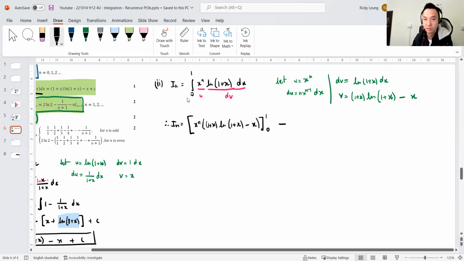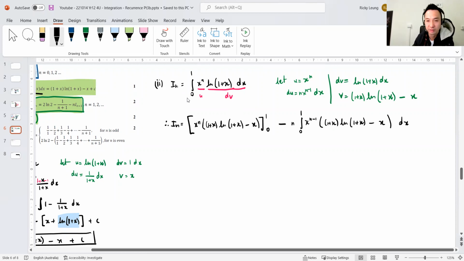Wow, that's hectic. Okay, shouldn't be that bad, I think. So take out the n, 0 to 1, x^(n-1) multiplied by (1 plus x) ln(1 plus x) minus x dx.